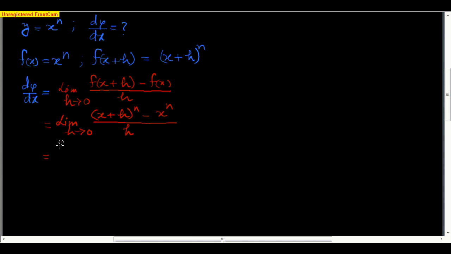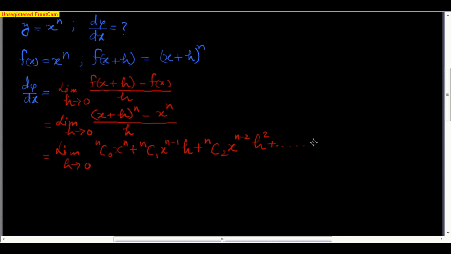Here we see limit h tends to 0. We expand x plus h by the binomial theorem, so we will get nC0 x power n plus nC1 x power n minus 1 into h plus nC2 x power n minus 2 h power 2, and so on.